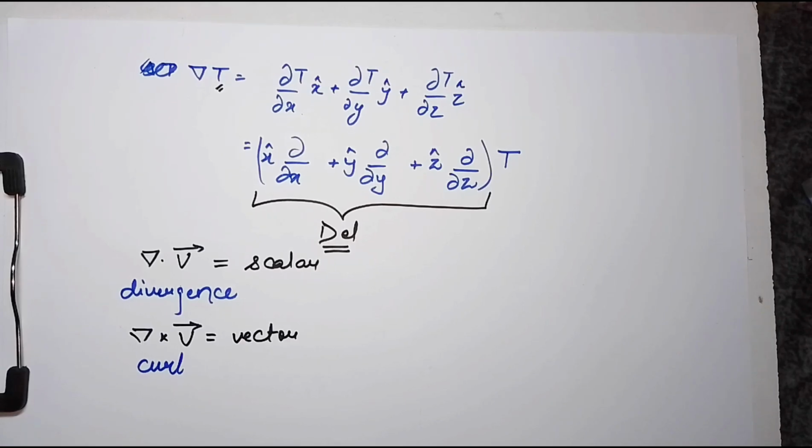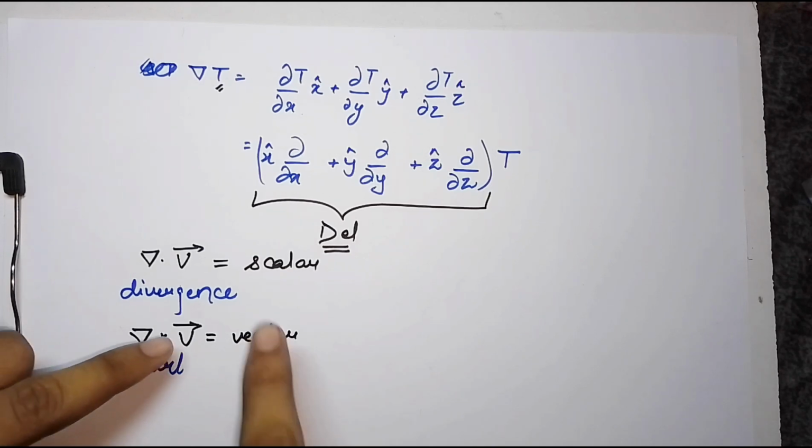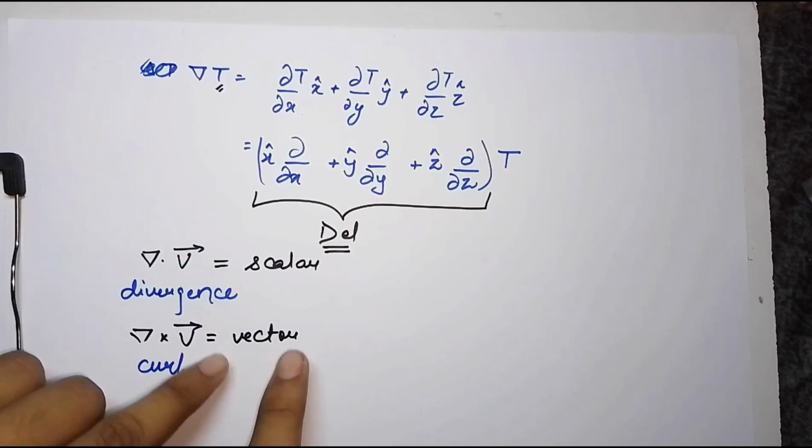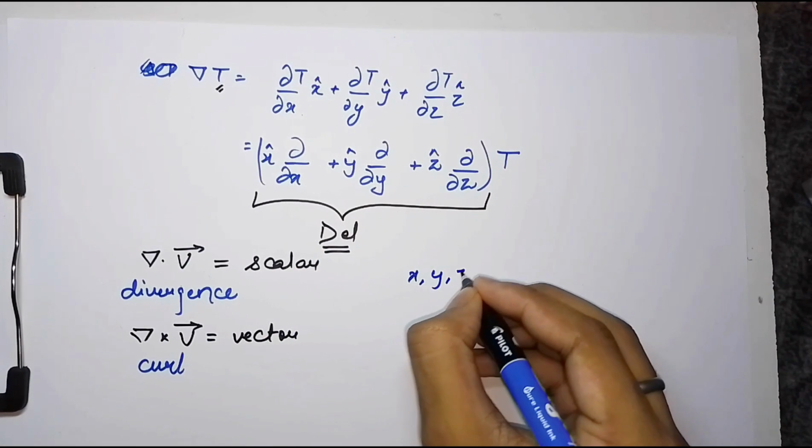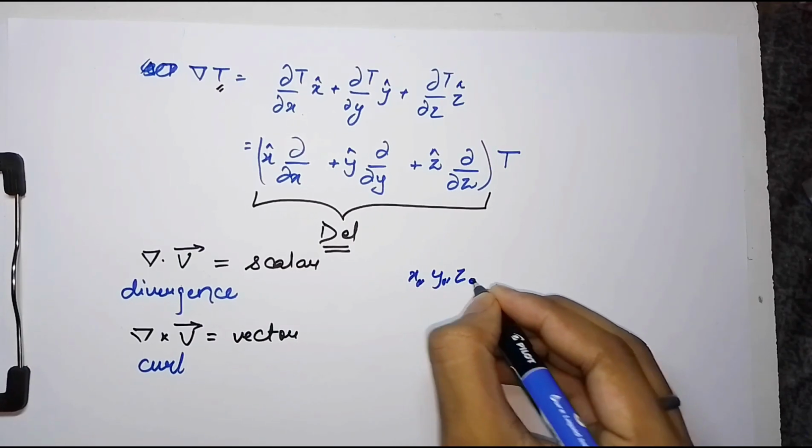Now the question comes: what is the meaning of divergence and curl? Divergence is the measure of how much vector v spreads out from the point in question. Suppose you have to find the divergence at some point x, y and z, or x naught, y naught and z naught.